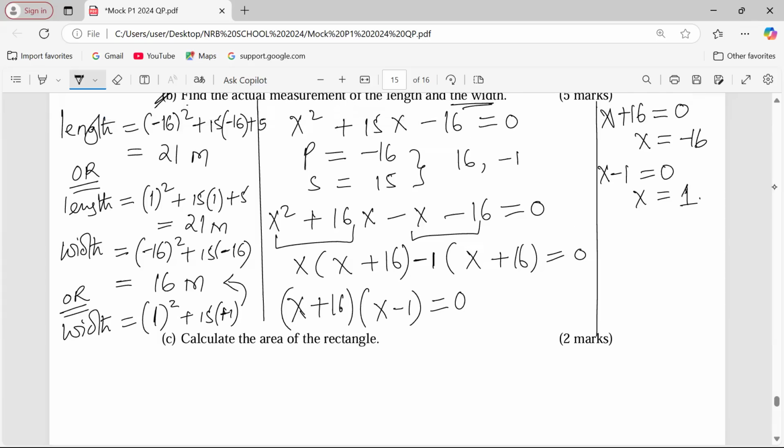So in other words, this rectangular floor is measuring 21 by 16 meters.